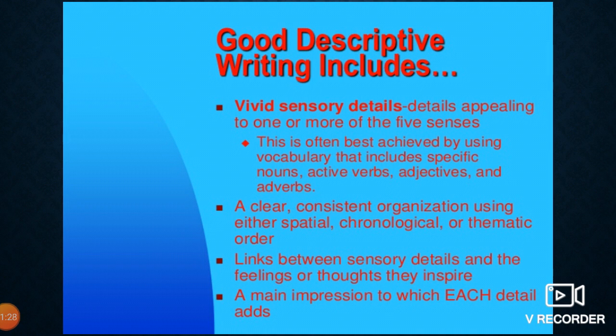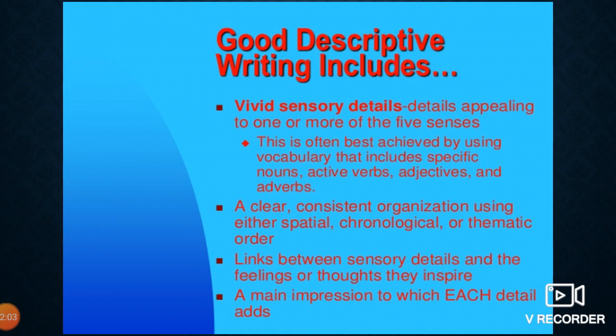For that purpose, you should read lots of books. Okay? A clear, consistent organization using either spatial, chronological, or thematic order. Now, in order, you have to write everything, and links between sensory details and the feelings or thoughts they inspire, a main impression to which each detail adds.